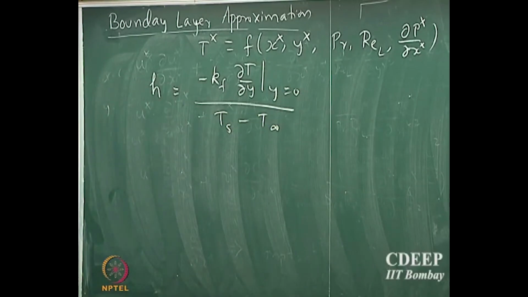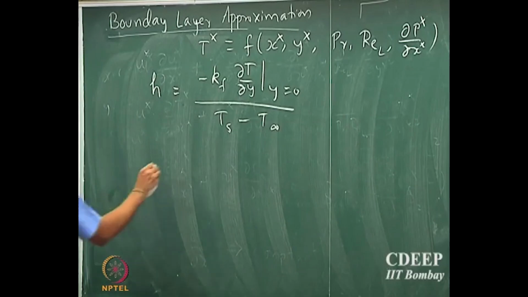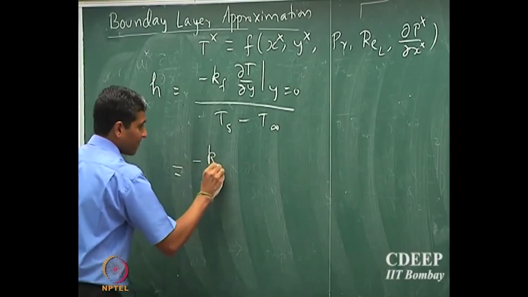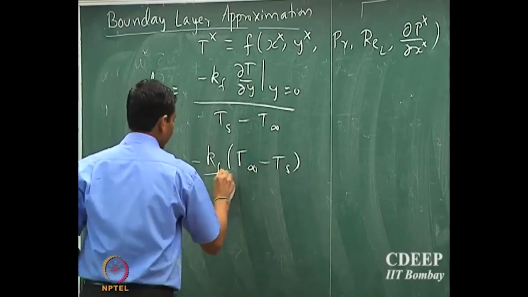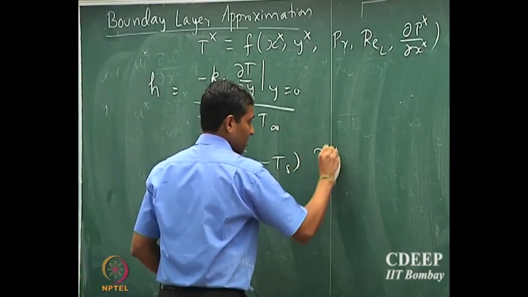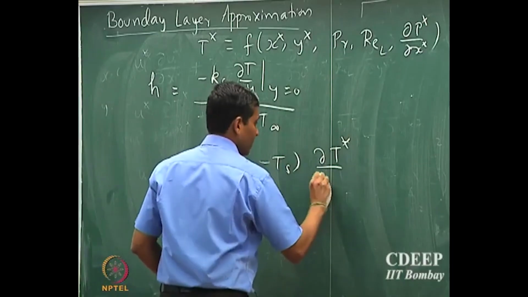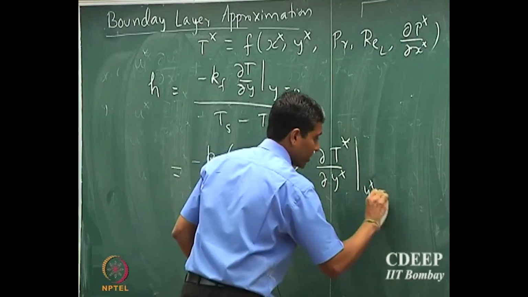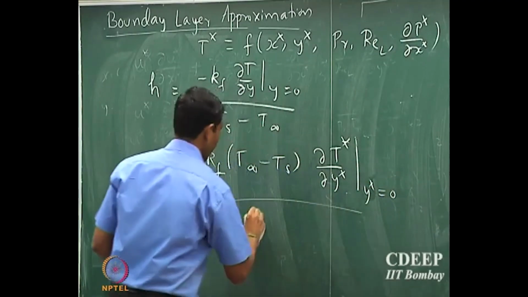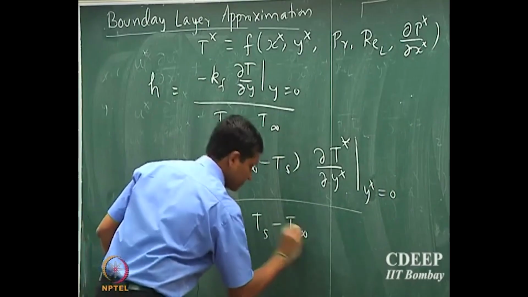So now if I introduce the non-dimensional quantities, that will become minus kf (T infinity minus Ts) divided by L, dT star by dy star at y star equal to 0, divided by Ts minus T infinity.